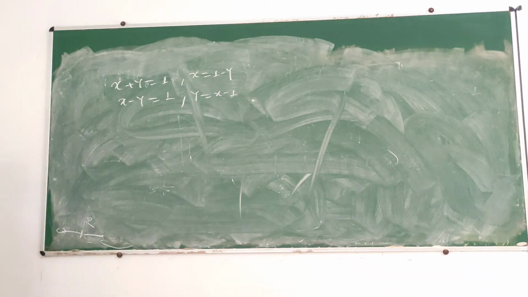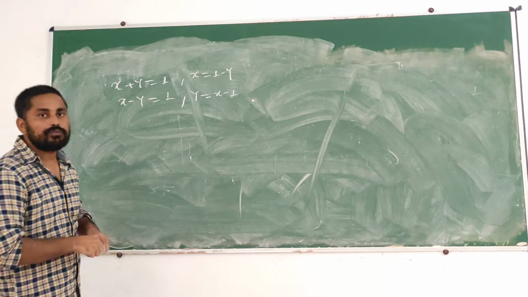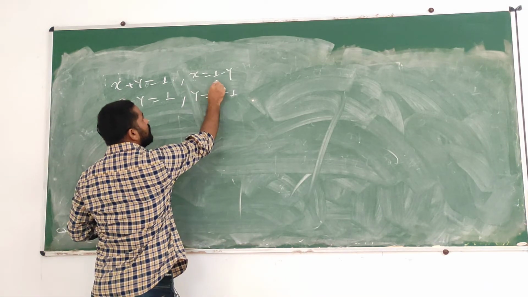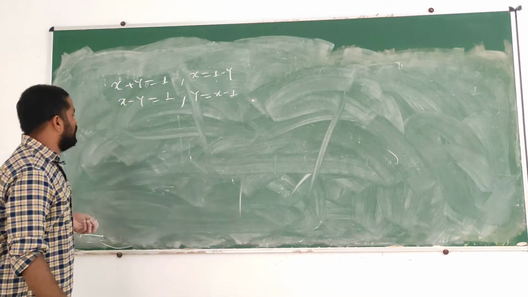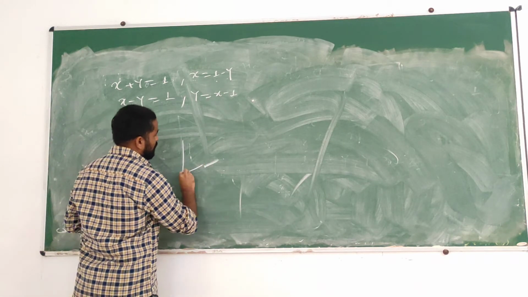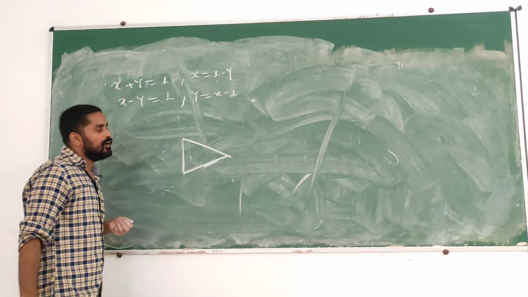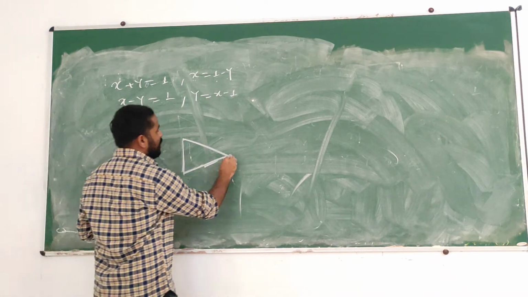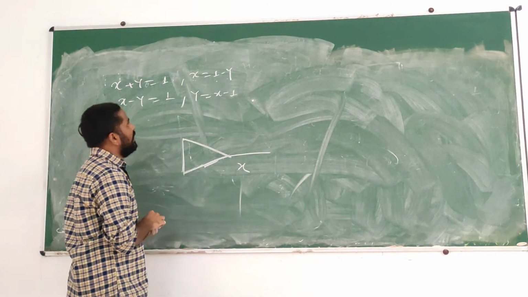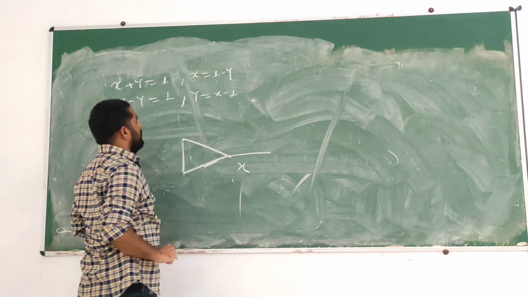Now we need a circuit where the output voltage must be equal to 1 minus y. Now if we construct an op-amp where we need the output x, for that x we need two inputs, 1 and y.